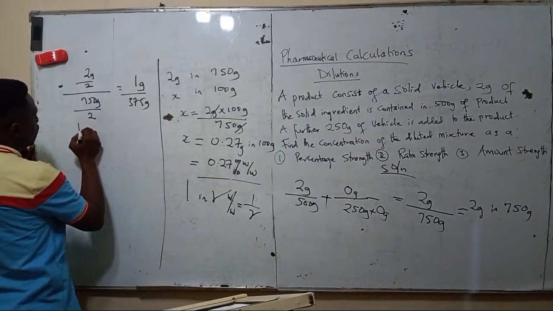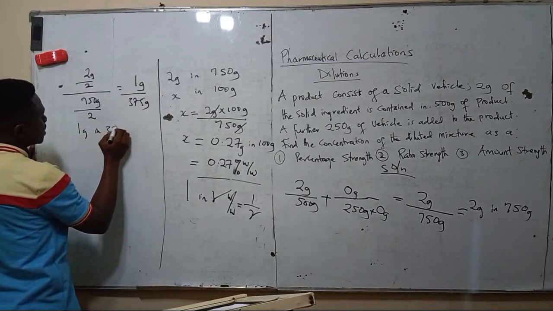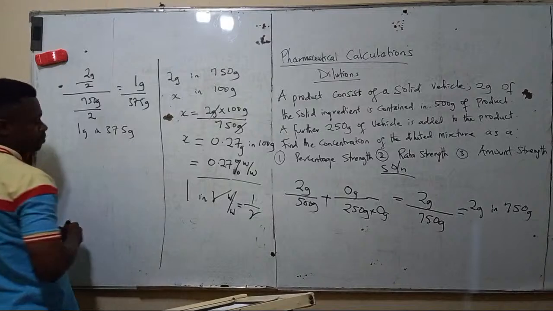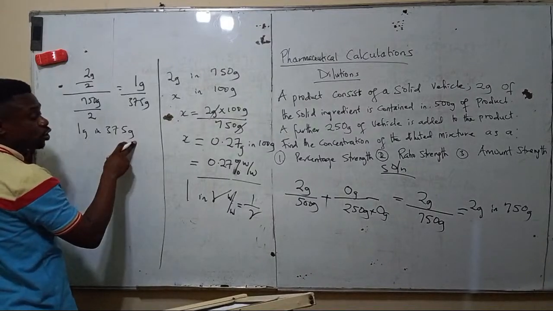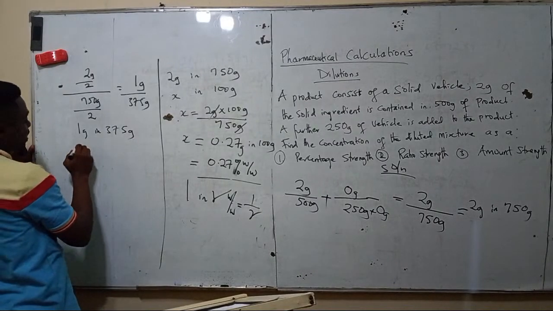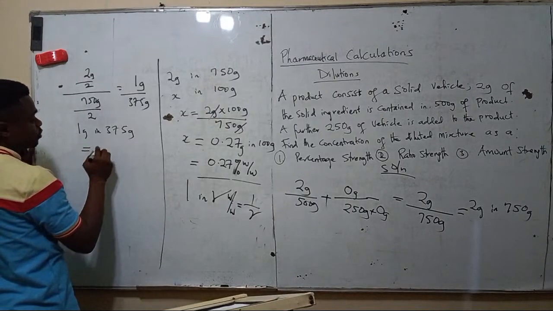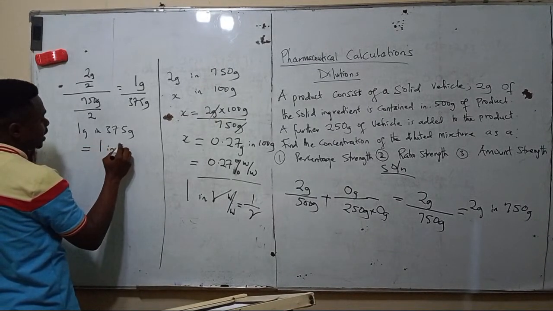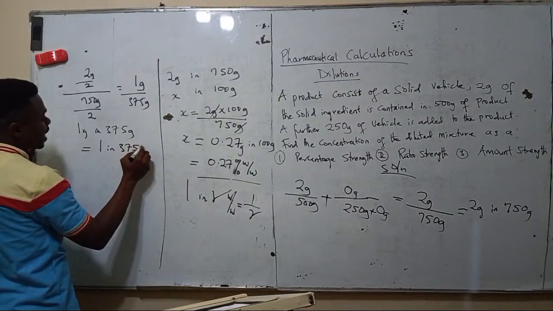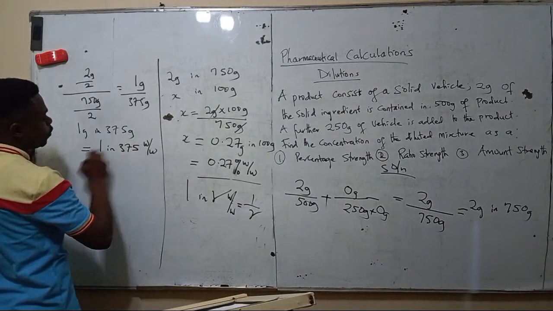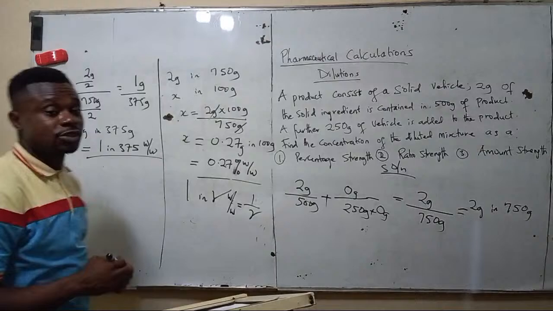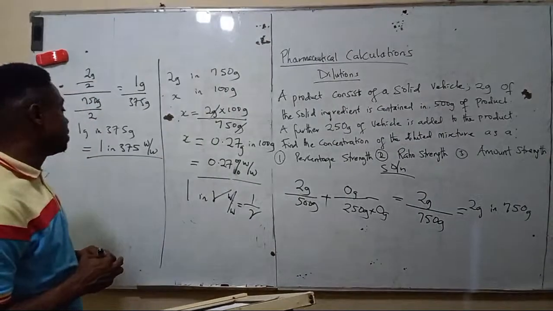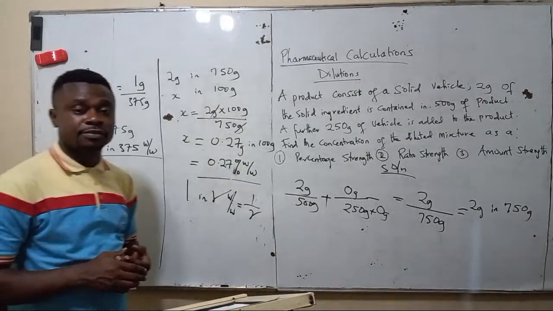So we have 1 gram in 375 grams. This gram will turn to weight in weight. You now have that the ratio strength is 1 in 375 weight in weight. This is the ratio strength.